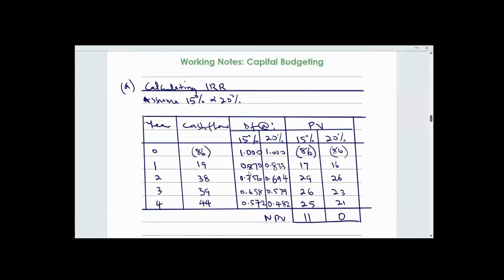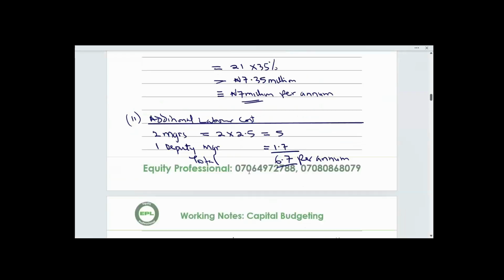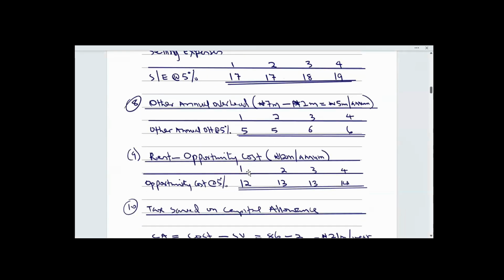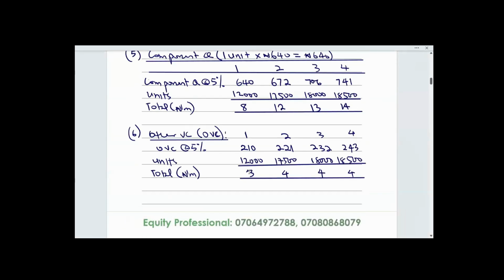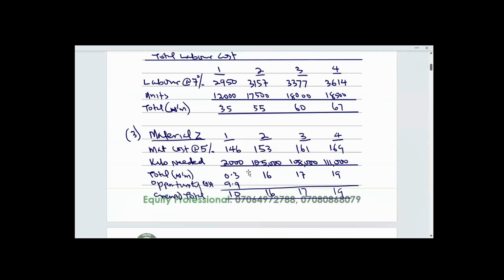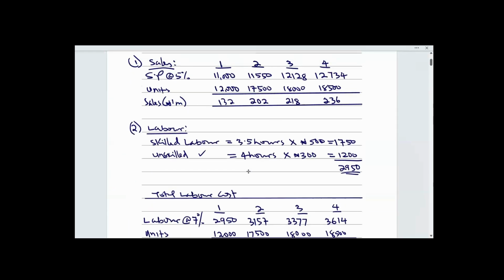We calculated skilled labor separate, unskilled labor separate. We then add the two. That's what makes up the labor cost. This is it here. Are you seeing it? Akko, can you hear me? Yes, I can hear you. Thank you. I've seen it.